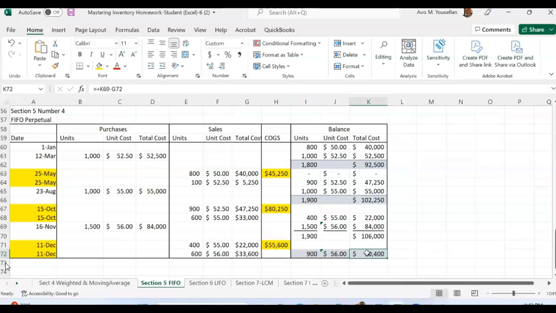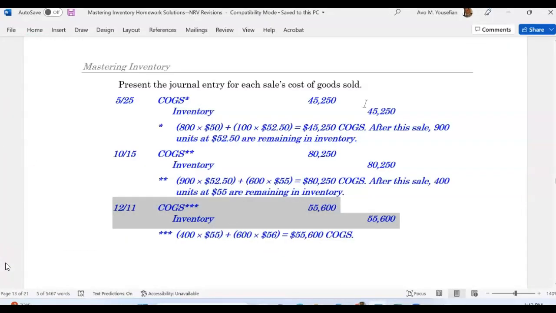So ending inventory is 50,400, 900 units left. That's the average cost. Cost of goods sold, three items here. If you add them up, the total cost of goods sold goes in the income statement for financial statements, but you have to journalize them. And I did show you the journal entry here: sales number 1, sales number 2, and sales number 3.